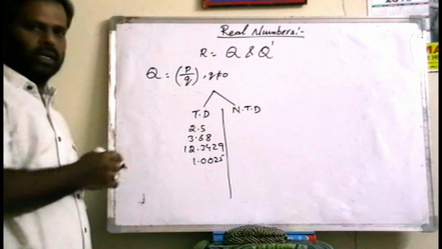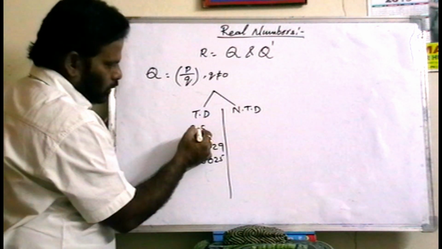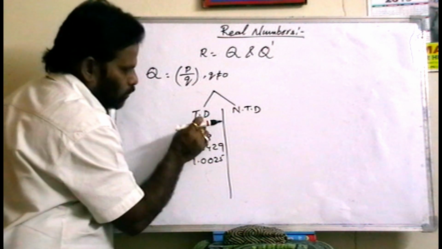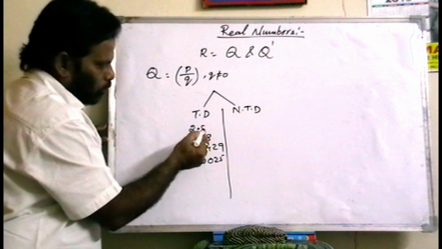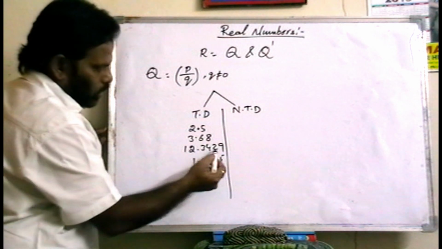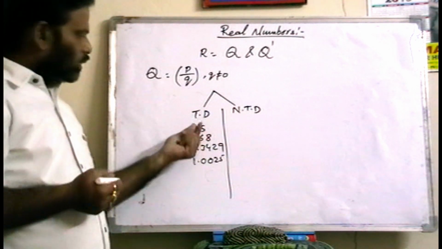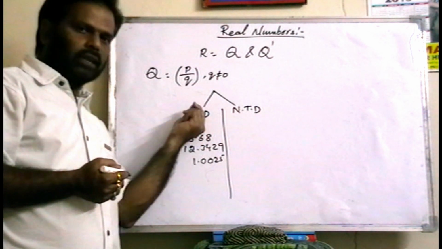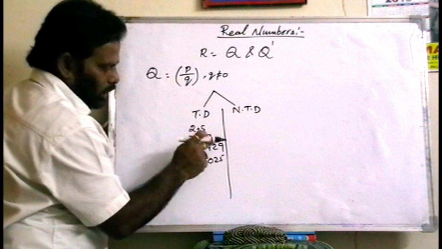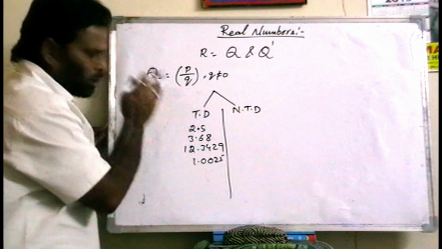These are all terminating decimals because the part to the right of the point, the decimal part, has a limited number of digits. Here only one digit, 5; in 3.68 only two digits; here only 4, here also only 4. That means in terminating decimals the digits end. So this type of decimals are called terminating decimals.